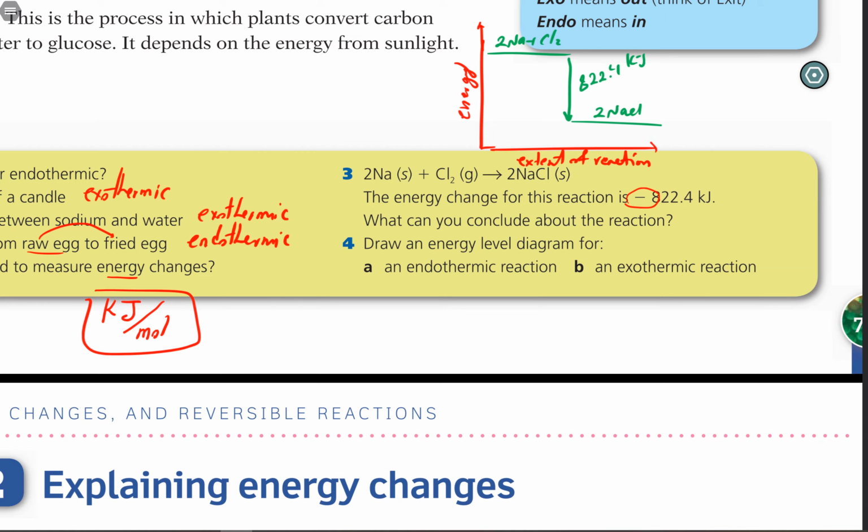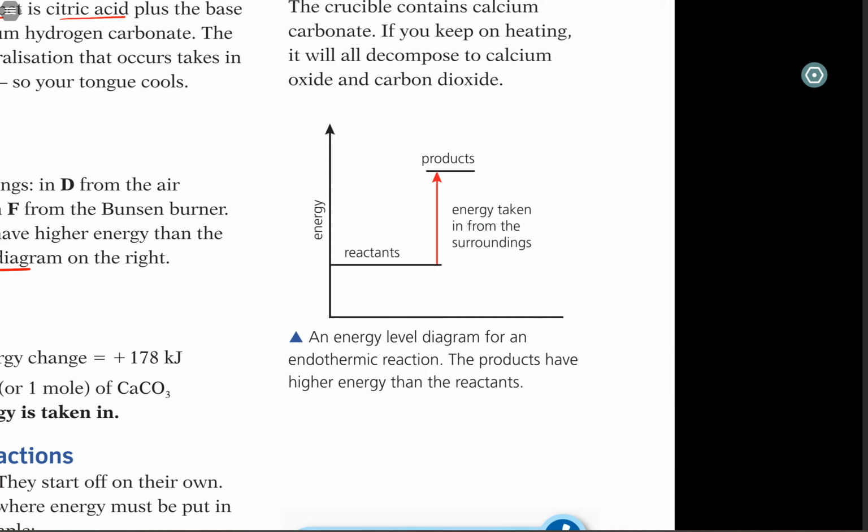Question number 4. Draw an energy level diagram for A, an endothermic reaction, and B, an exothermic reaction. On page 78, you have the energy level diagram for an endothermic reaction. What is important here is the y-axis, the unit of that, and what the x-axis is and the unit of that.